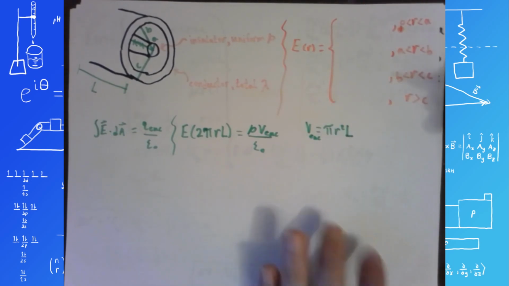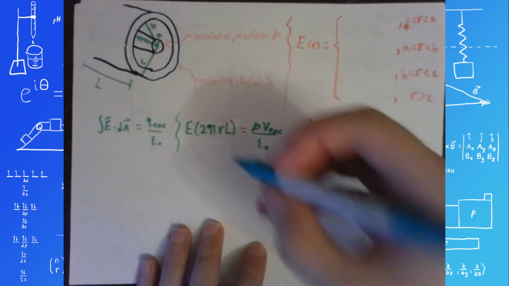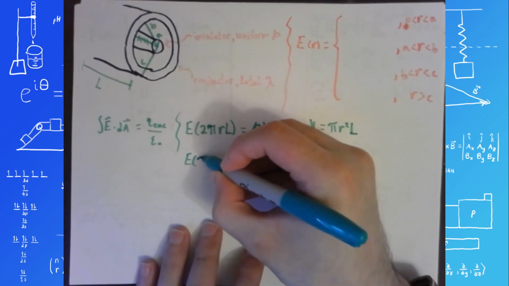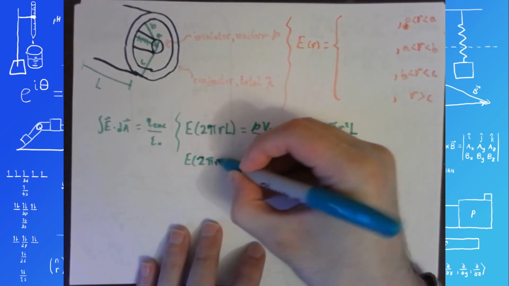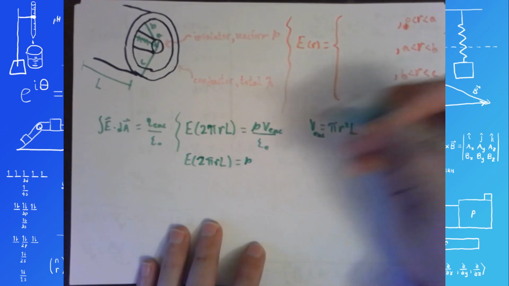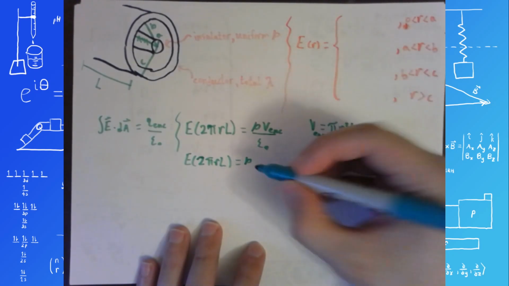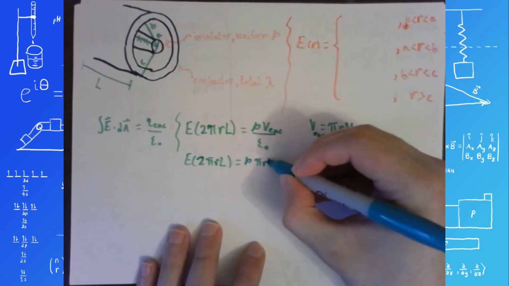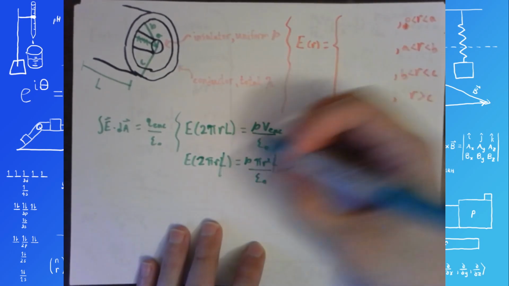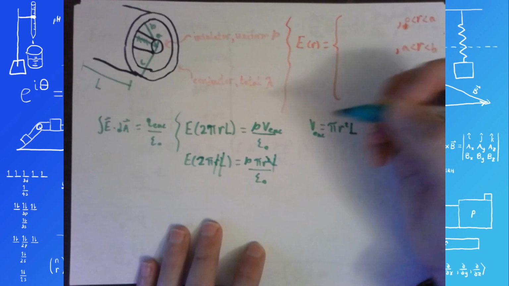And just substitute that in, and we get E times 2 pi r L equals rho times pi r squared L over epsilon naught. The L's cancel out. One of the r's cancels out.